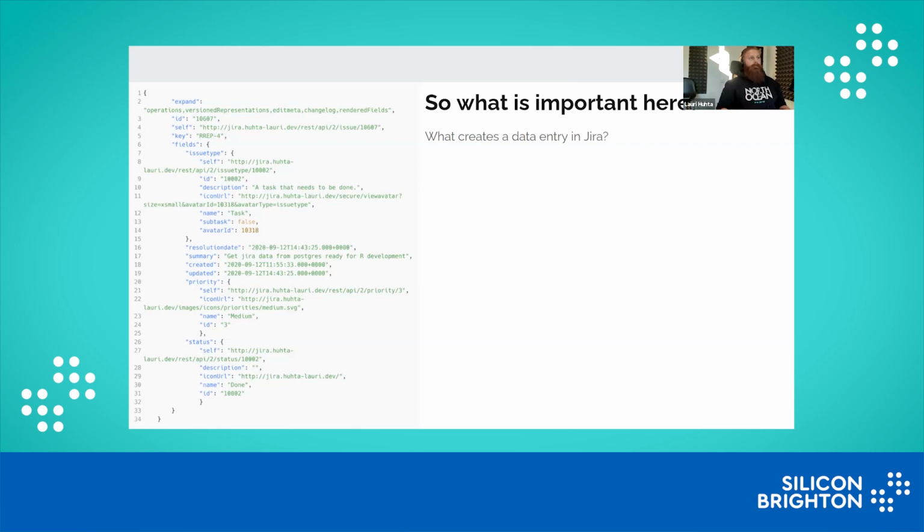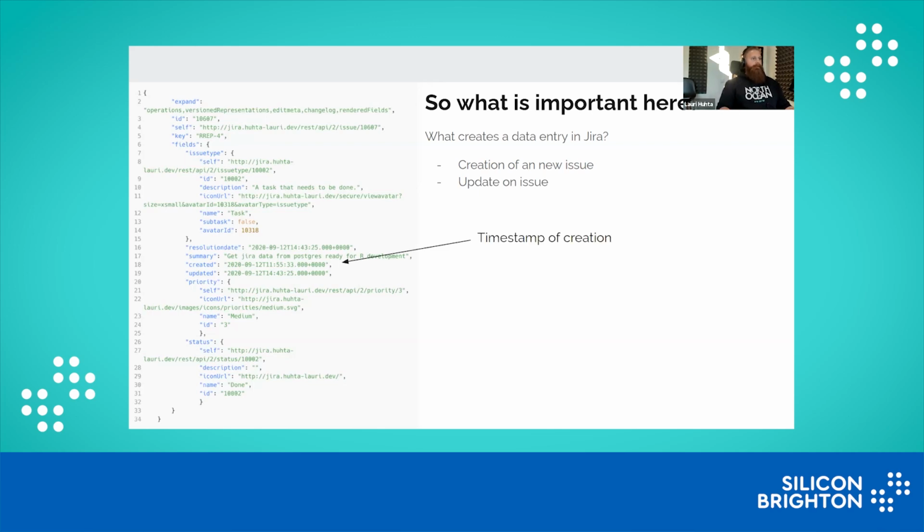There are two instances where Jira will give you a new data entry. The first one is whenever you create a new issue, a new row of data will be created. And the second one is anytime you update an issue, let's say you move an issue from backlog to in progress in the Kanban swimming lane, you will get a new entry of data.